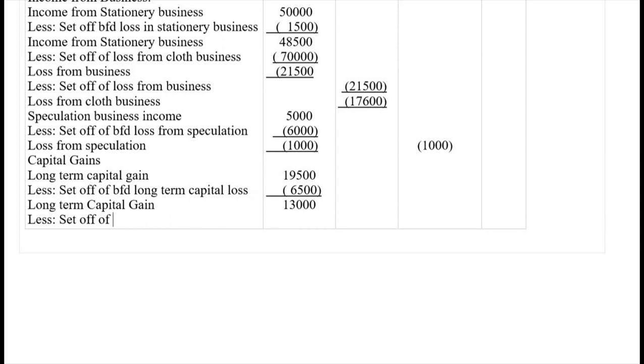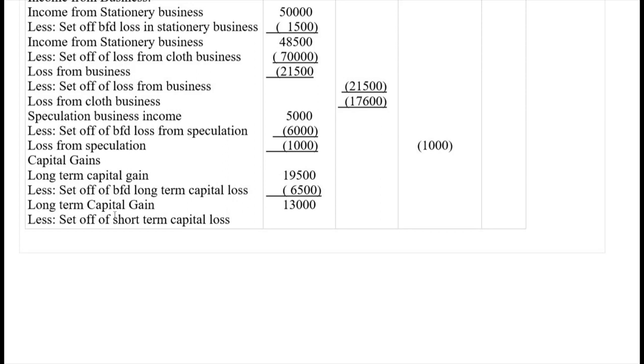Short-term capital loss. It is not long-term. Short-term capital loss. So the short-term capital loss of 6,000 is brought forward actually.